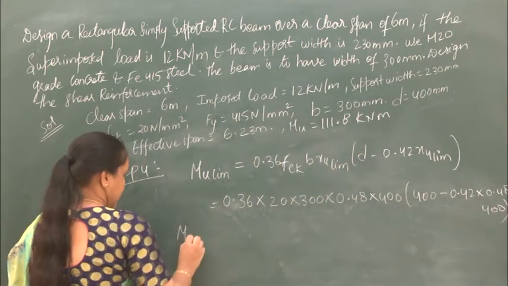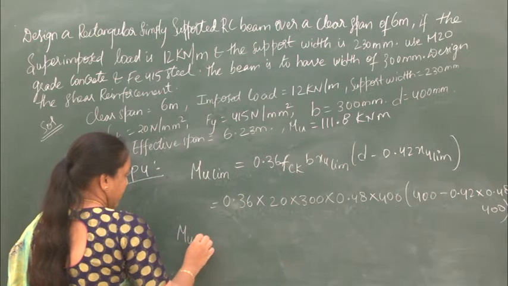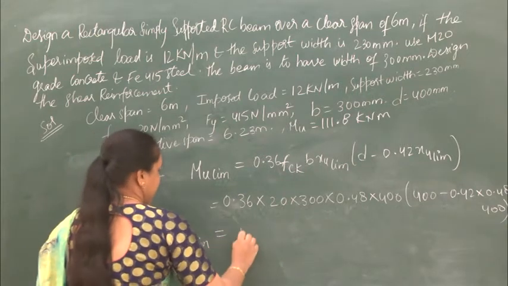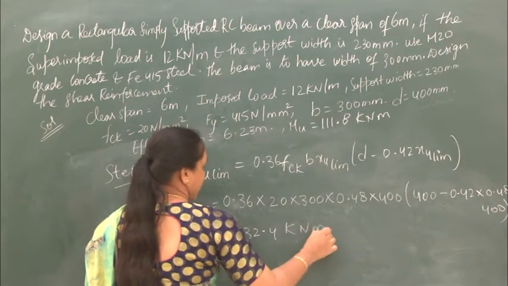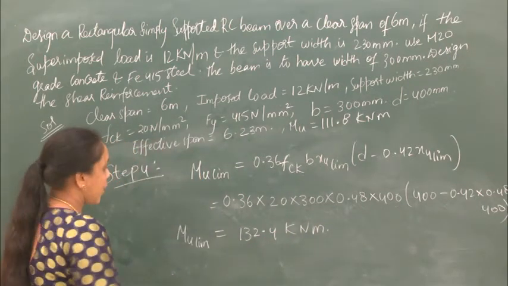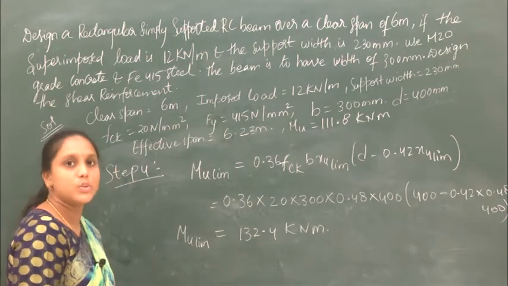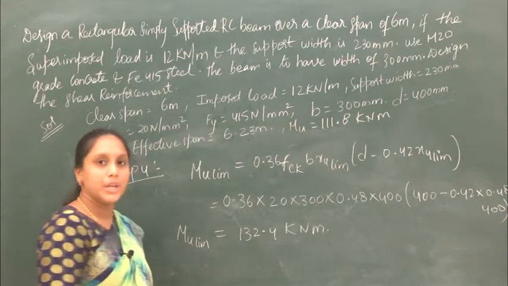If you solve this, you will get a value of Mu limit as 132.4 kilonewton meter.